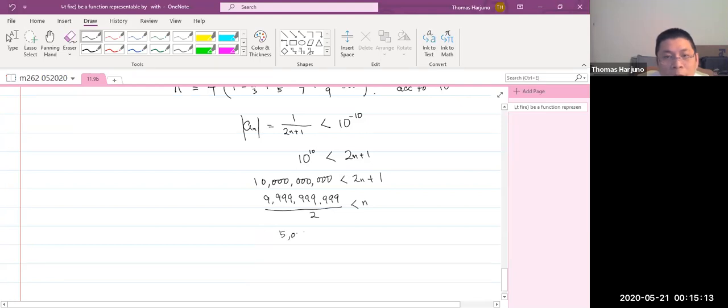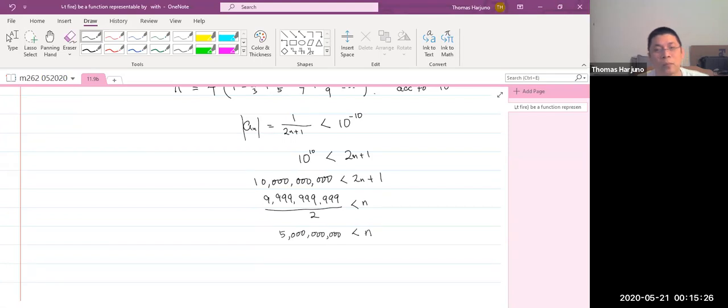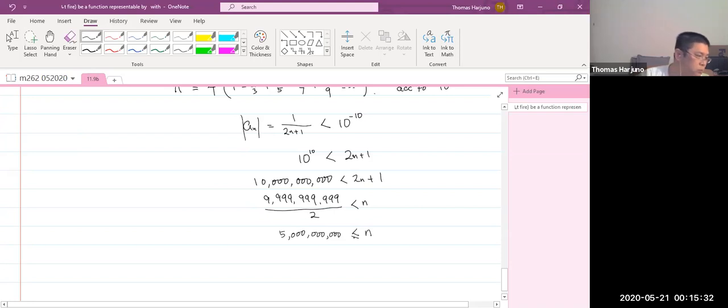You need to add 5 billion terms to be accurate to 10 decimal places. Now that's a lot, I know. But that tells you why it's so difficult to approximate pi.